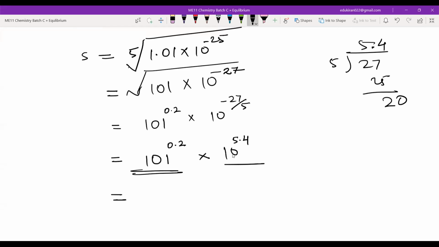That means if I cannot calculate 101 to the power 0.2, then the only option remaining is that we can just approximate that to 1. We can just approximate 1.01 to 1, that is the only case. You try to calculate this, I will tell you what to do about that.